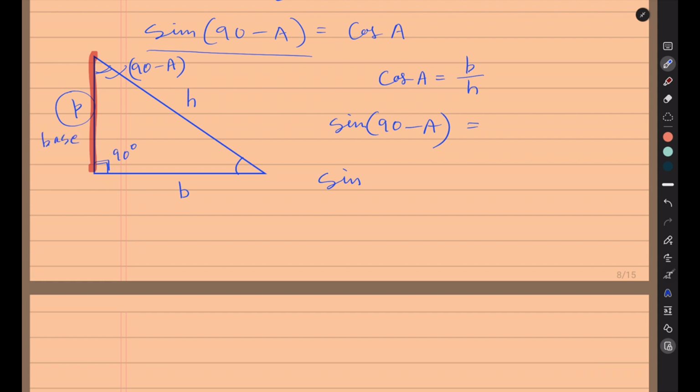I will just write it so that you don't get confused. And if this is base, this will be perpendicular, isn't it? And this is usual H. So now we have a situation where instead of making this angle as a basis, we are making this angle as a basis.